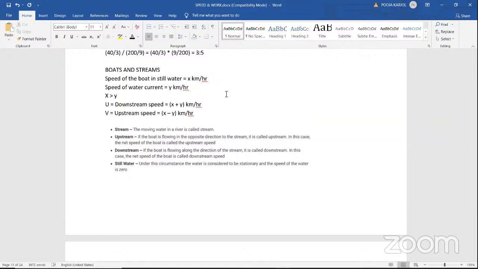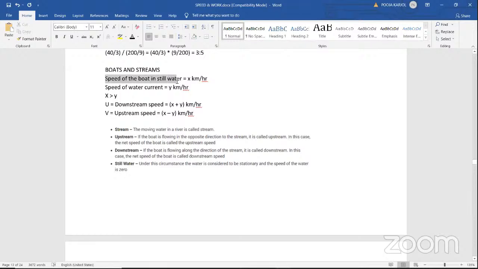If you're going with the water, downhill, obviously your speed will increase, whether you're swimming or rowing a boat.